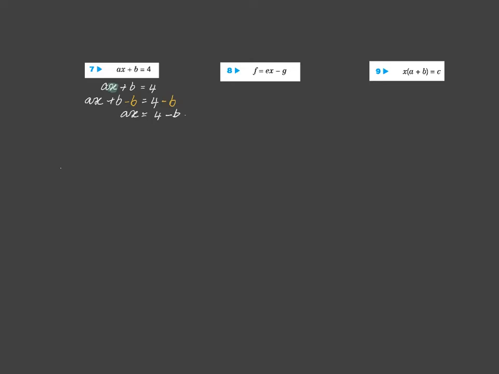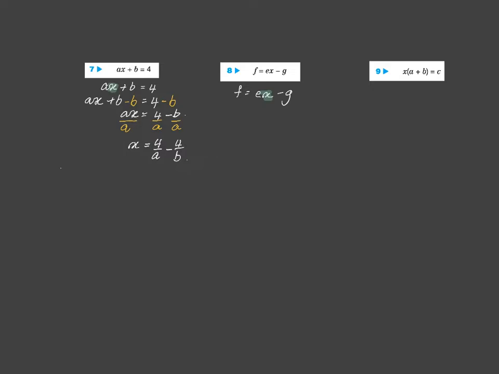So on the left it is ax divided by a, and then on the right it's 4 divided by a and minus b divided by a. On the left, a divided by a is 1, x is equal to 4 over a minus b over a. And there's your answer.